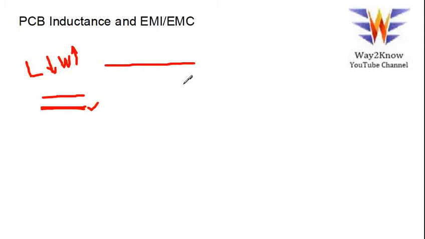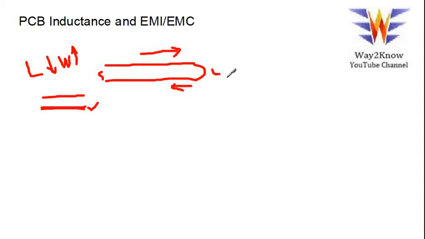But when a signal passes through a particular trace, we know that there is a return current which passes to the source. Suppose this is a source and this is a load, so the forward current is this way, and then the return current is flowing this way.